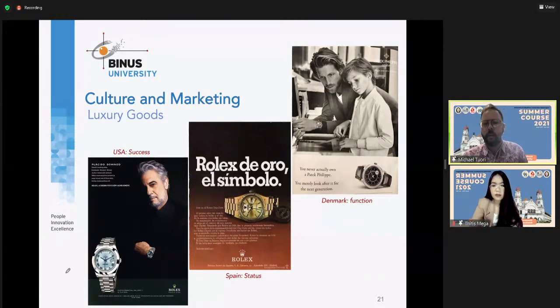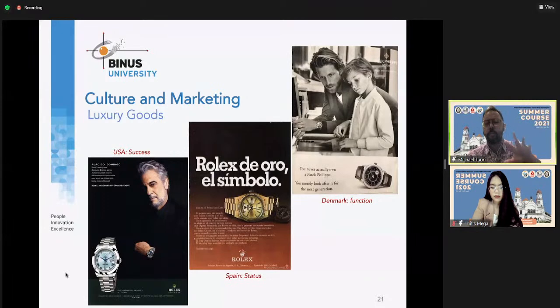So it's not about success so much. It's just about your social status. So the advertisement just says a gold Rolex is a symbol. It's very simple. Just like, man, it's a symbol. So people buy luxury goods to try and move up in the hierarchy of society.